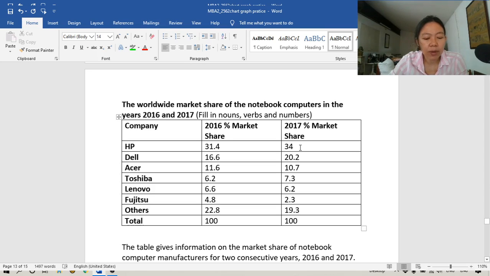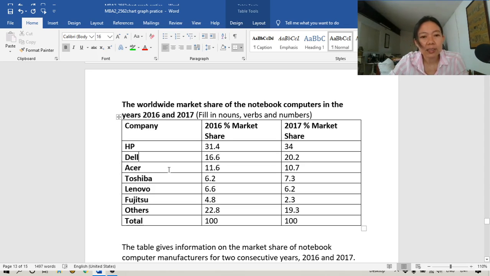This is a greater market share than its two closest competitors, Dell and Acer. So now we're going to look at the detail for Dell. Dell increased its market share from 16.6 in 2016 to 20.2 in 2017.